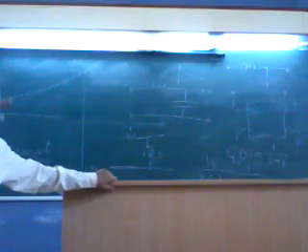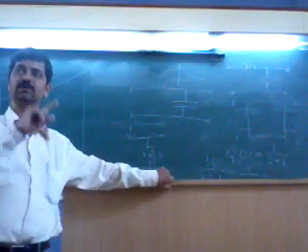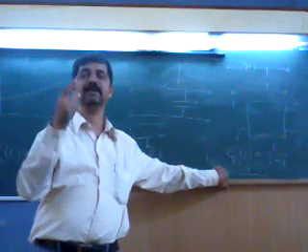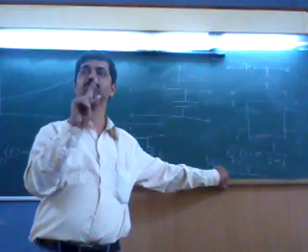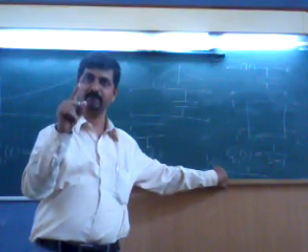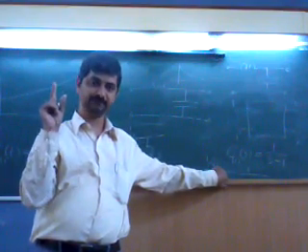A depends on B, A equal to K1 B. This dependence is such that in turn B also depends on A, B equal to K2 A.